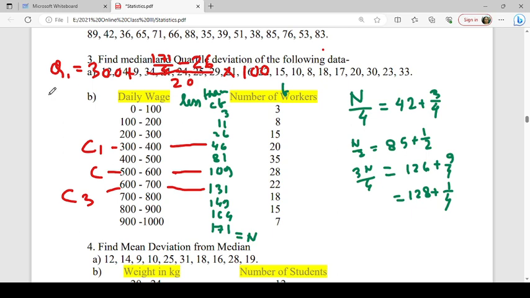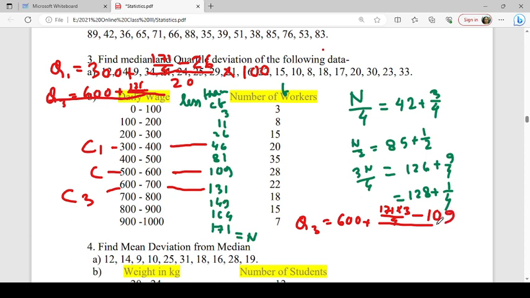Then Q3 is 600, the lower limit of C3, plus 3n by 4, it is 171 into 3 divided by 4, minus the preceding cumulative frequency, capital F, which is 109, divided by small f, the frequency of C3, which is 22, into 100, the length of C3.